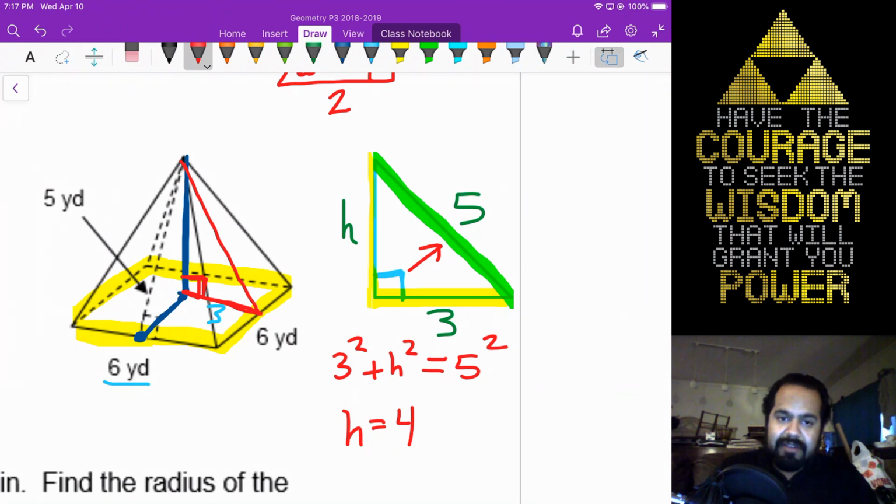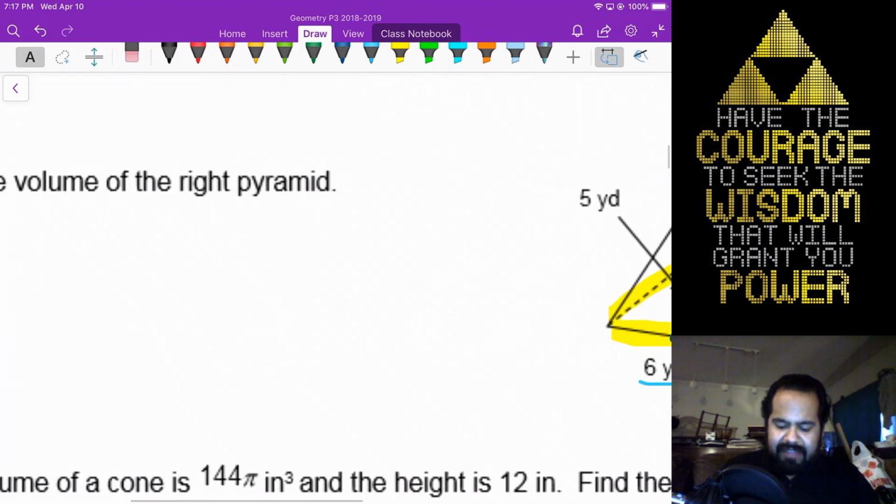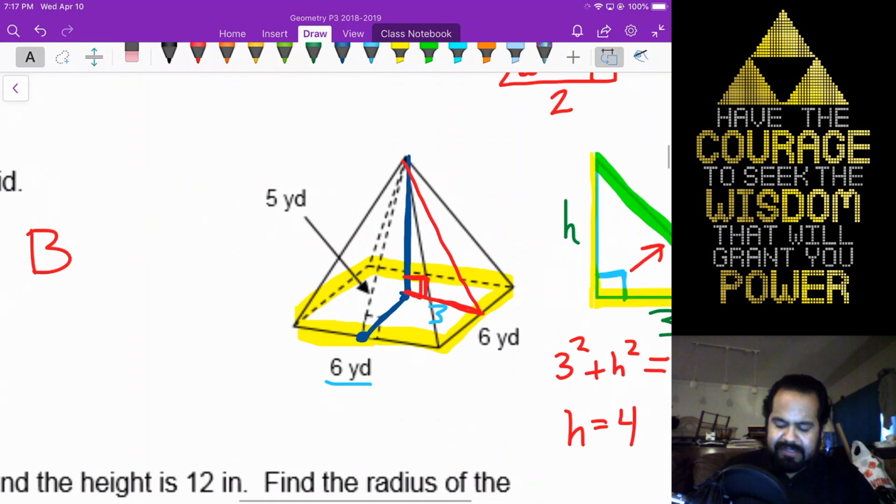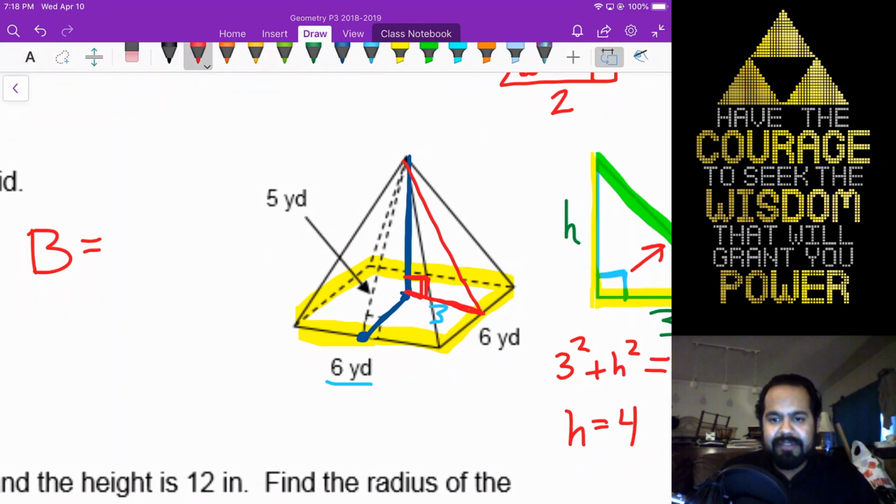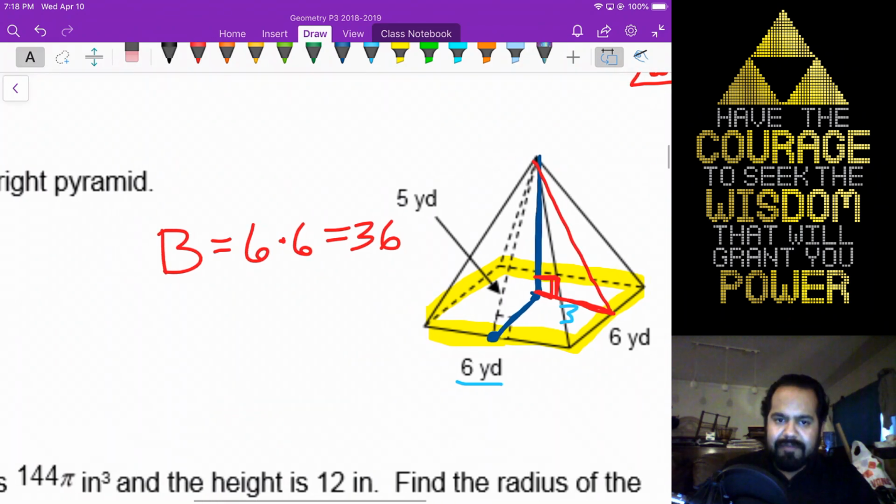The other thing I noticed, a lot of you guys were using the perimeter of the base instead of the area of the base. We can't use that, okay? So here's my base. What is the shape of my base? Well, let's take a look. 6 and 6. Pretty sure that's a square. So you're just going to do 6 times 6. There's your base area. Now we can do the volume.